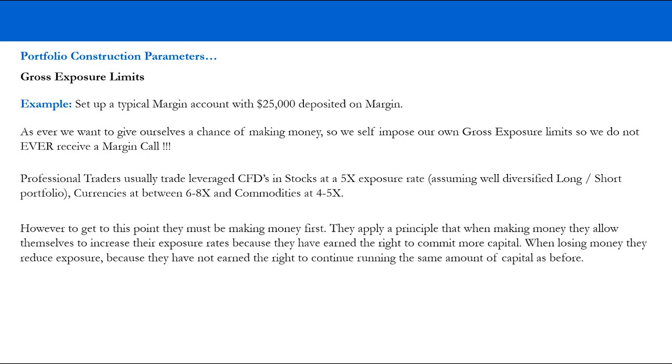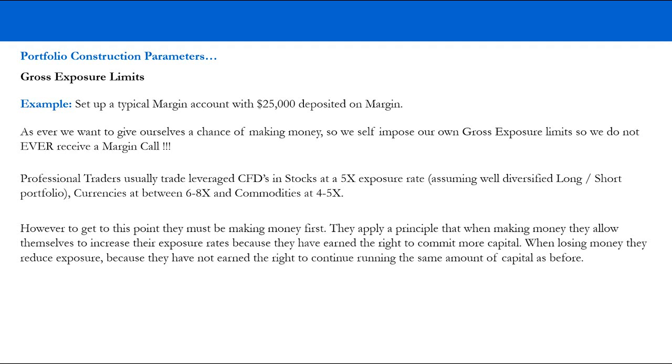Now, professional traders usually trade leverage CFDs in stocks at around a 5 times exposure rate, and that is assuming a well-diversified long-short portfolio on a 1 to 3 month time horizon.